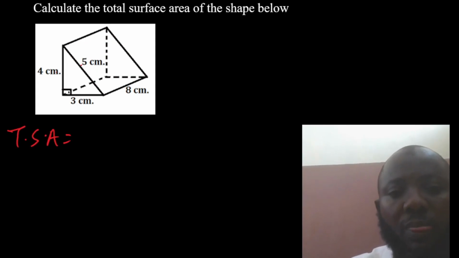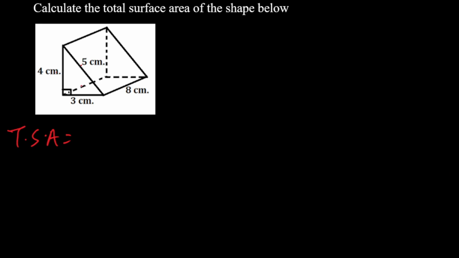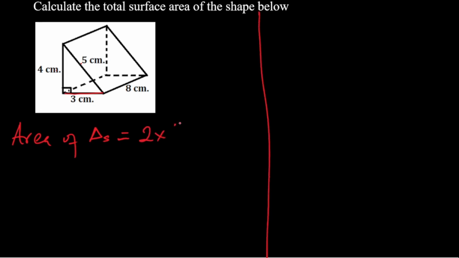First, the area of triangles: that's 2 times half times base times height.